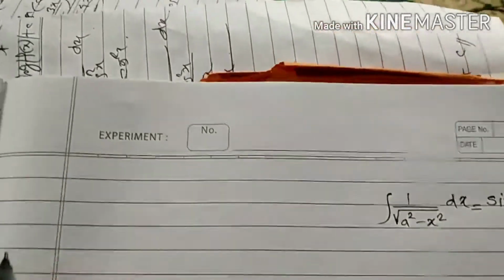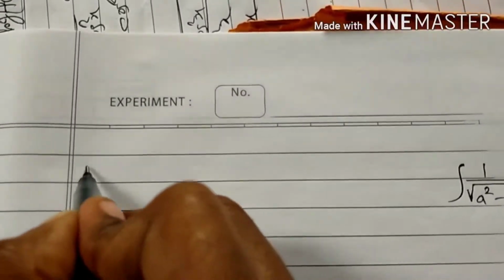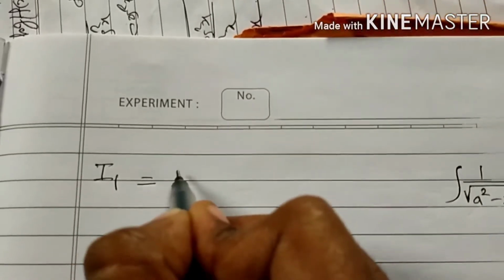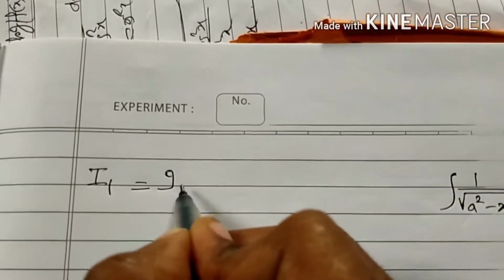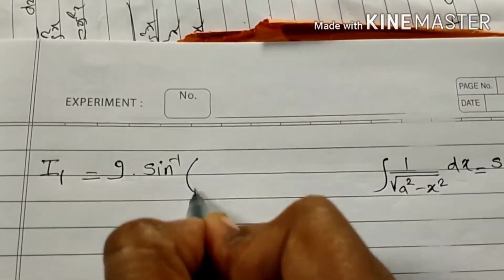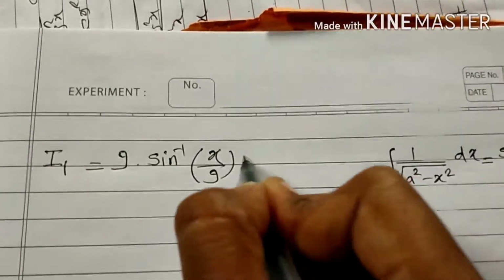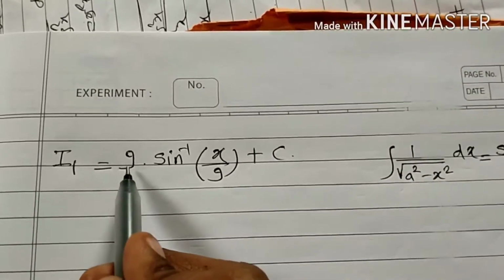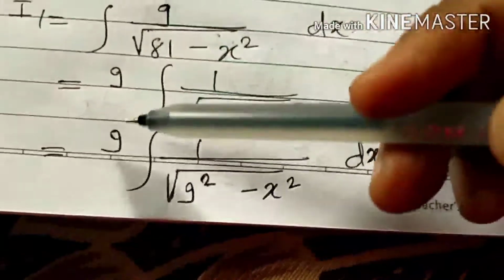So using this formula we get value of I1, which is equal to 9 into sine inverse x upon 9 plus c. This 9 is our first constant which we take outside of integration.